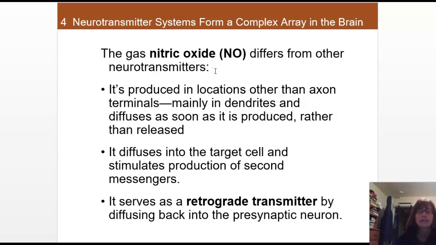But interestingly enough, in the nervous system, it serves as a neurotransmitter or a neuromodulator. I'm going to talk about this a little bit, and I'll bring up this term retrograde because it's a very unusual scenario. It wasn't even understood to be a neurotransmitter at all. For years, there was even argument over that. So we'll look at this in a little more detail coming up.